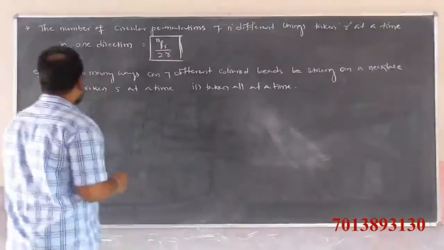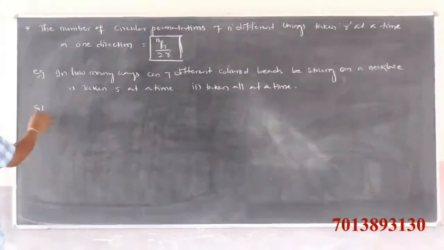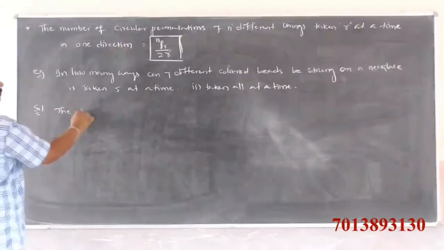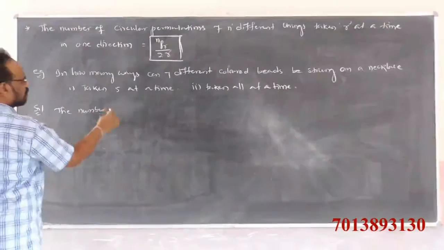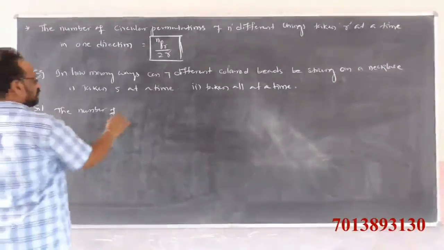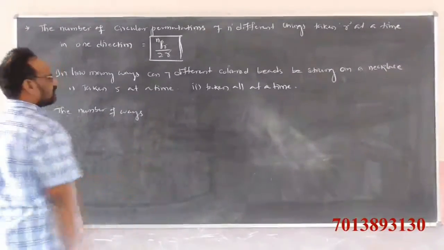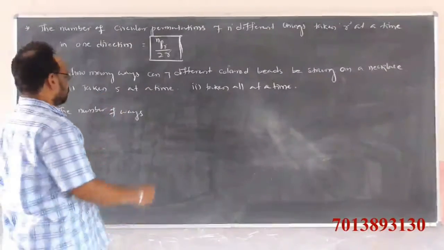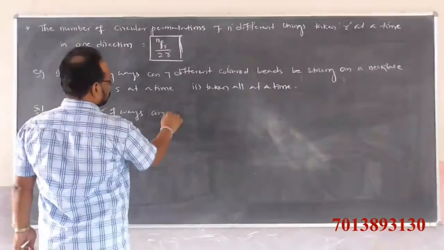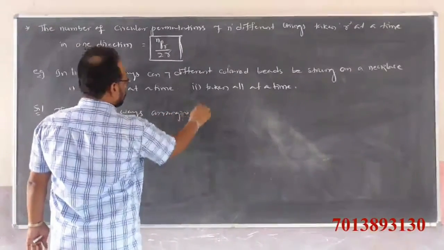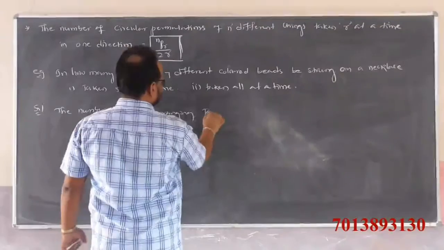So, first one, the number of ways arranging, taken 5 at a time.